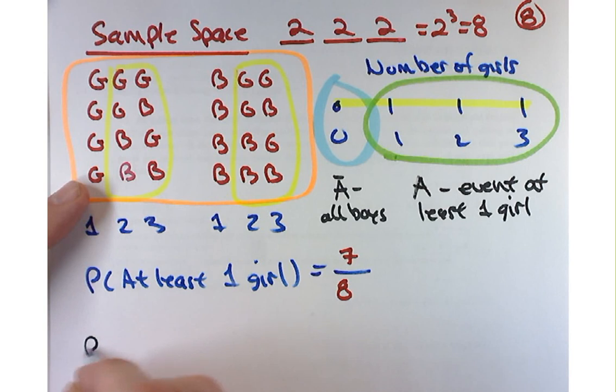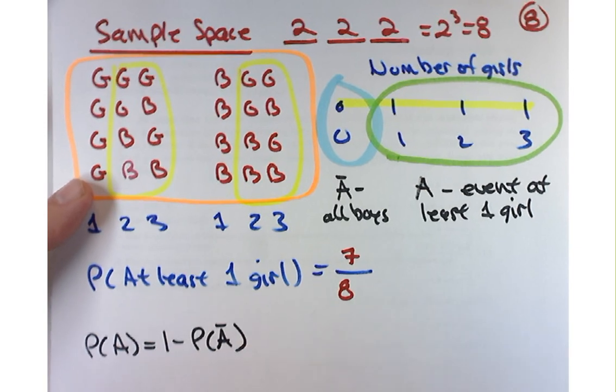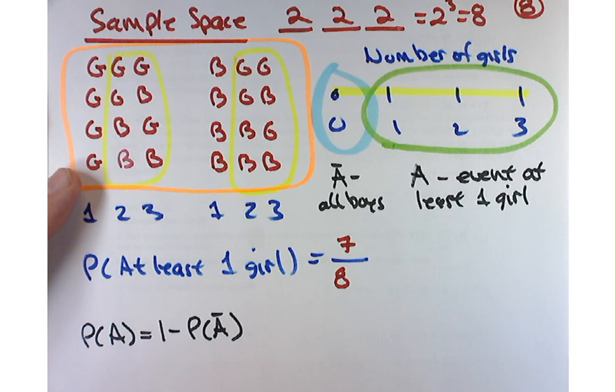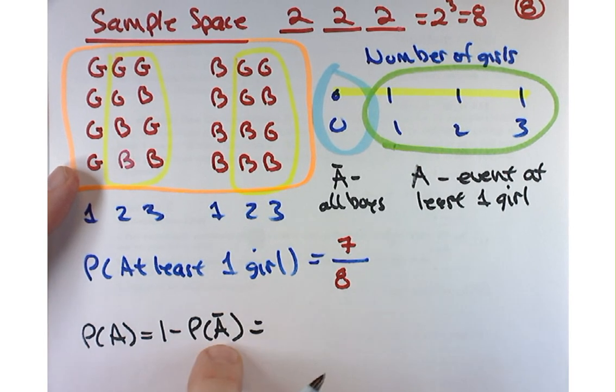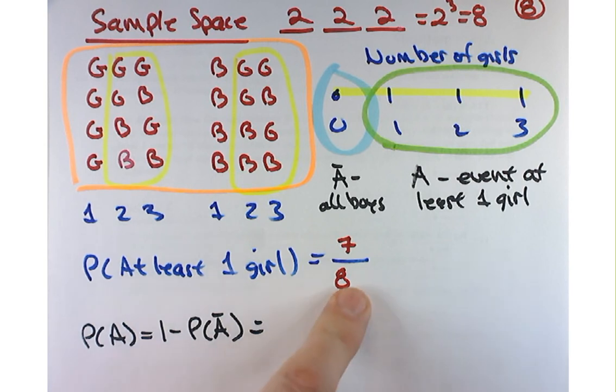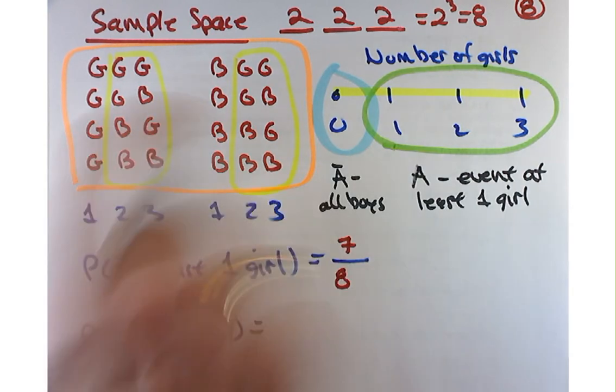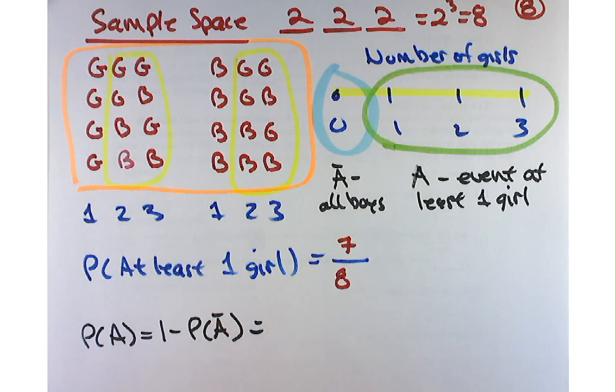So I could calculate the probability of A directly, or I could calculate it as 1 minus the probability of A bar. And a lot of times, this is going to be a lot easier than calculating it directly. Your sample space is rarely going to be so small that you can just write it all out.